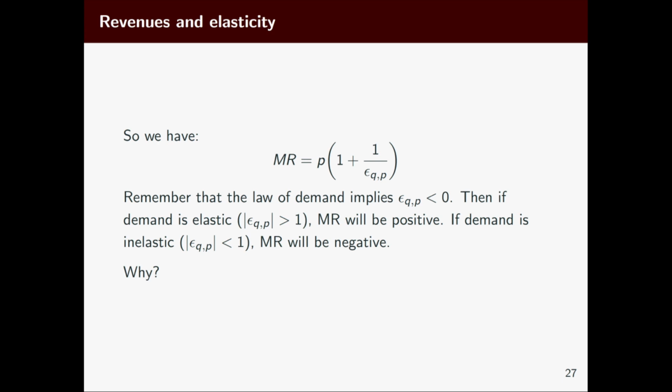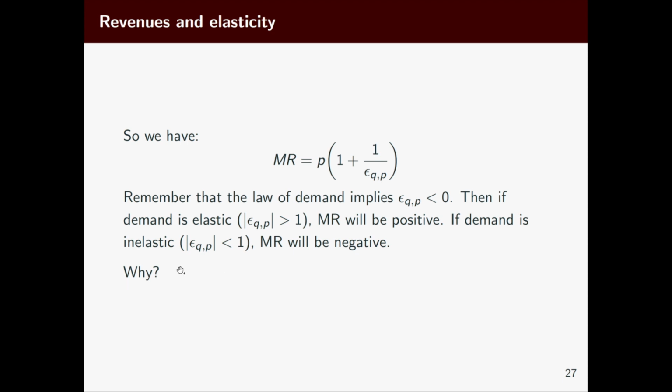So if we're on a linear demand curve and we calculate our elasticity at some market equilibrium and we come up with an inelastic demand, then we know that our marginal revenue is negative. Okay? Vice versa, if we calculate our demand and it's elastic, our marginal revenue is going to be positive, right?